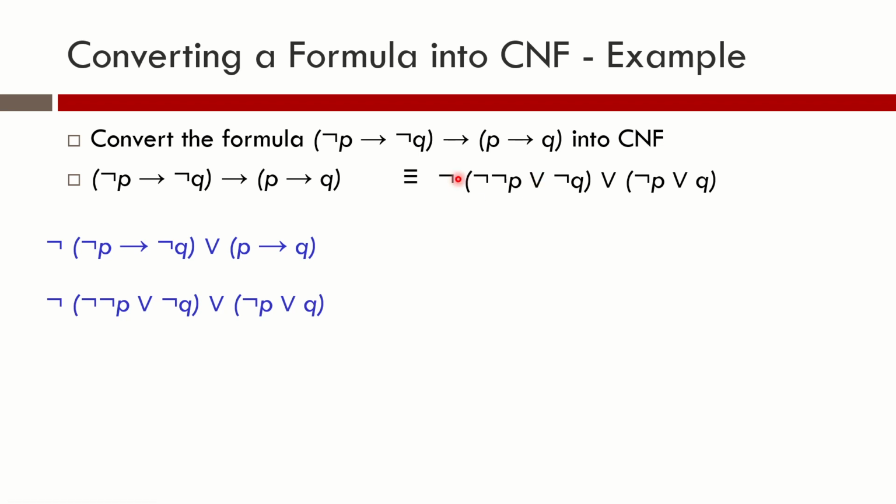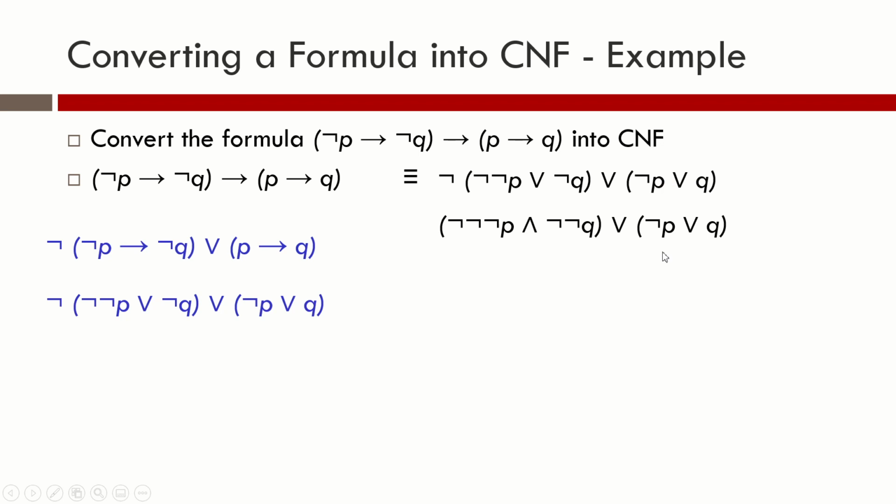This is of the form negation (A or B), so that will be negation A and negation B. So that will be negation of negation P and negation of negation Q, or negation P or Q. Here we don't have to do anything. So our second step is over.